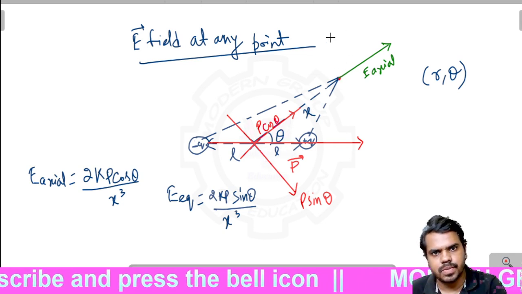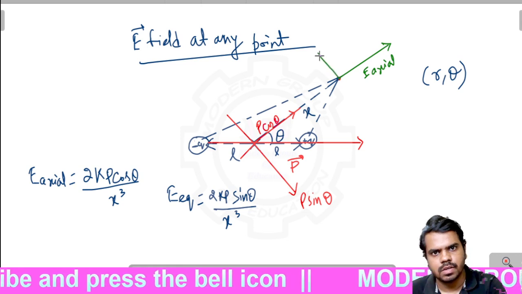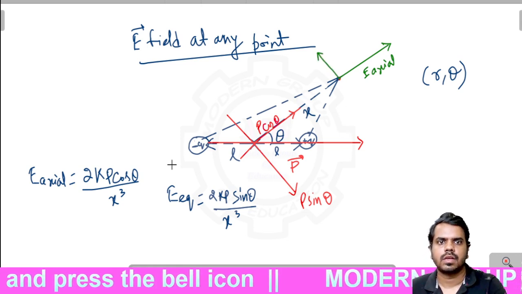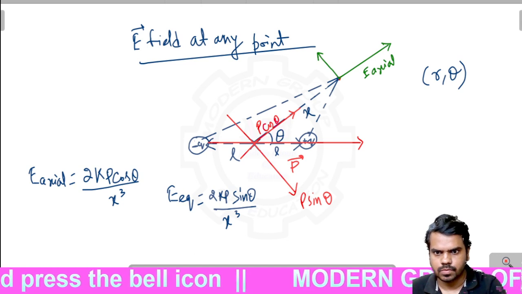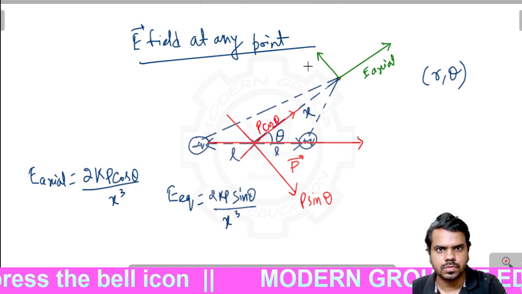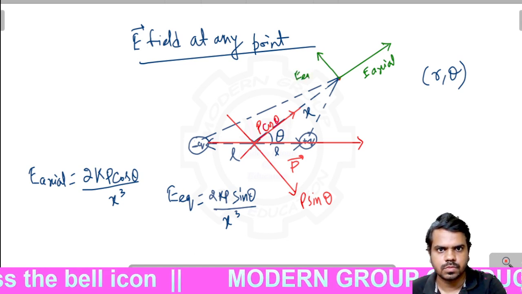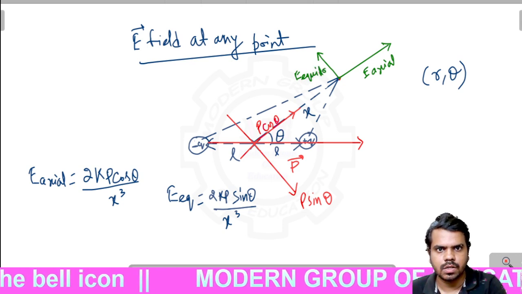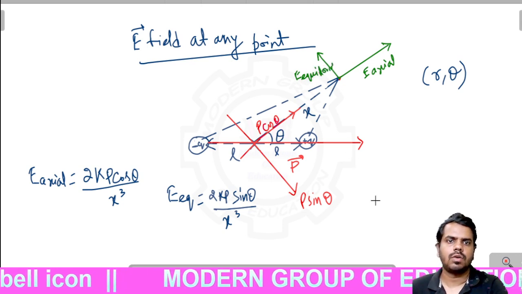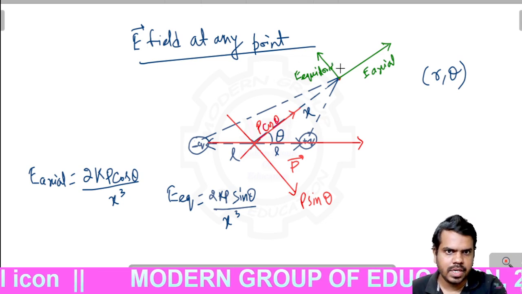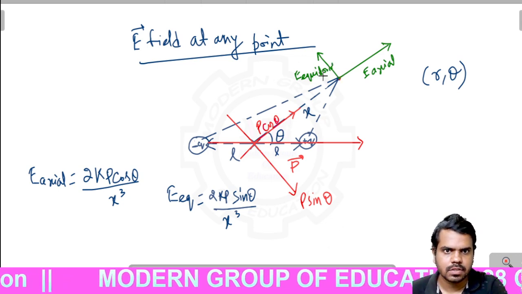Here is the direction of p, so here will be the direction of equatorial. Now the direction of E net is in this direction.